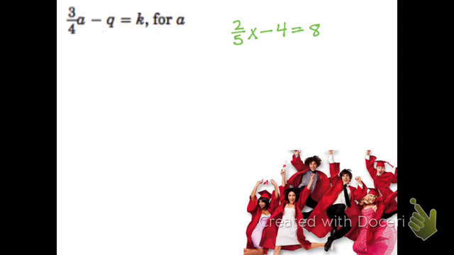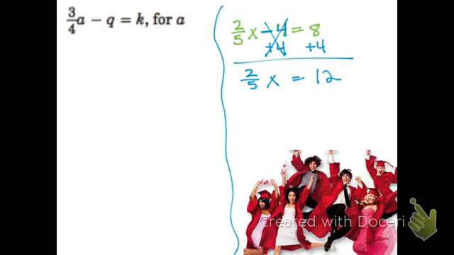I always undo that subtracting first, so I'm going to add 4 to both sides. So I'm left with 2/5 x equals, because minus 4 plus 4 is 0, and then 8 plus 4 is 12.